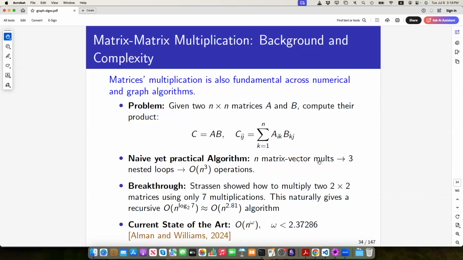Here, the computational model is the standard RAM model, okay? I suppose you're all familiar with the big O notation. Great. There's a lot of effort in reducing this exponent. Currently, the best result is from Alman and Williams from MIT, and its value is less than 2.37. The best lower bound that we have is n squared, which is a trivial lower bound.